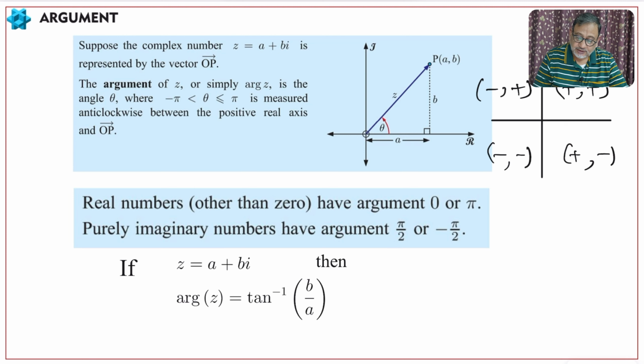Now, if your complex number has both parts positive, a plus b iota or a plus bi, then it will be in the first quadrant.